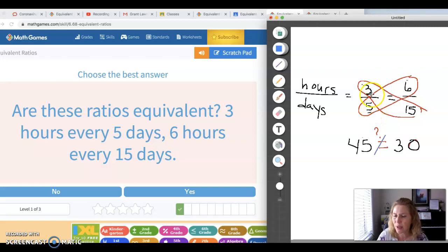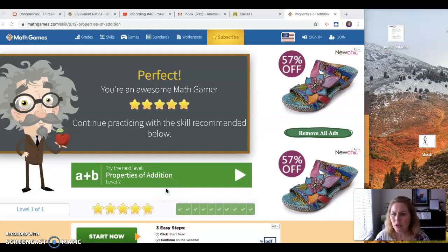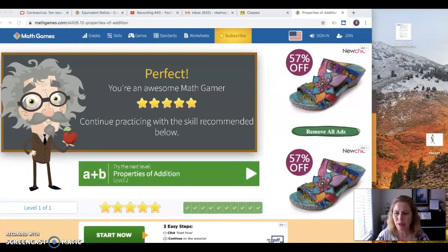Sometimes it's confusing because you think, oh, but 5 times 3 is 15 and 3 times 3 would be 9. In order for those to be equal, we would have had to have a 9 right there. So the answer is no.